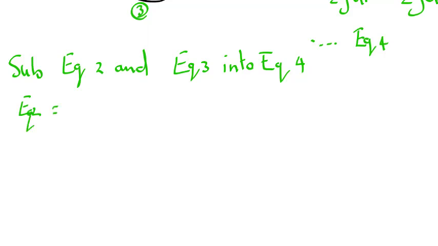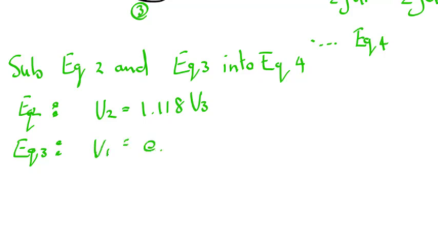Equation 2 is where we have our V2 is equal to 1.118 V3, and equation 3 is the one where we have V1 is equal to 0.439, which we had.